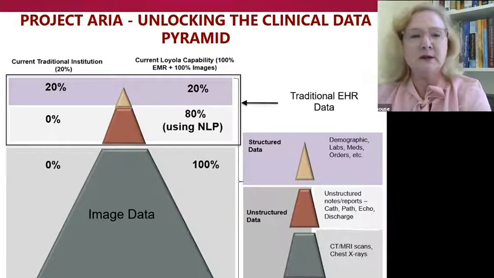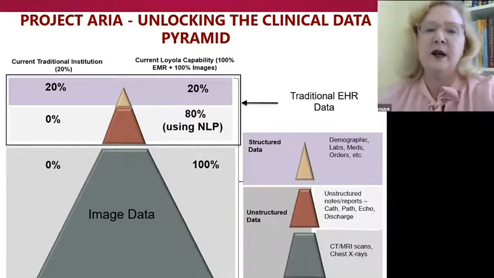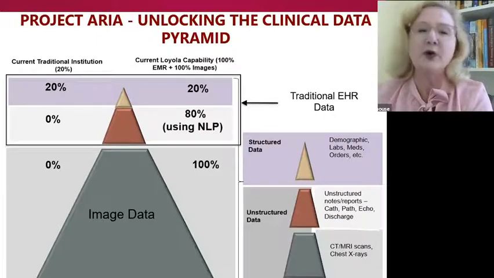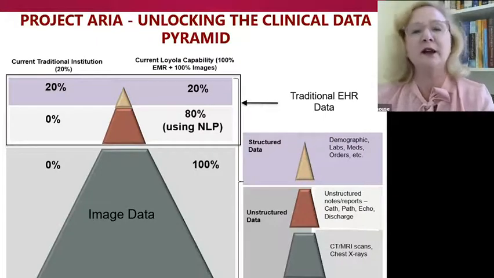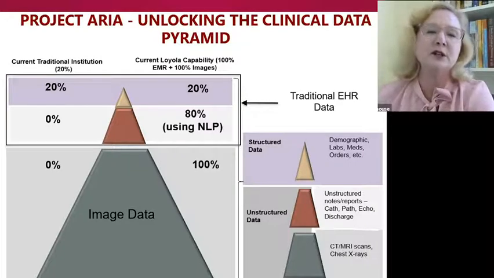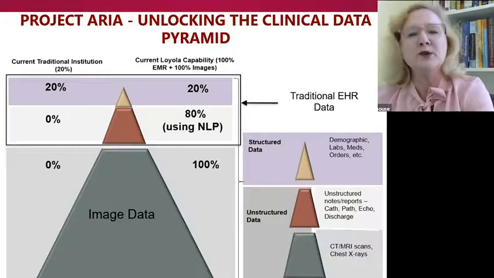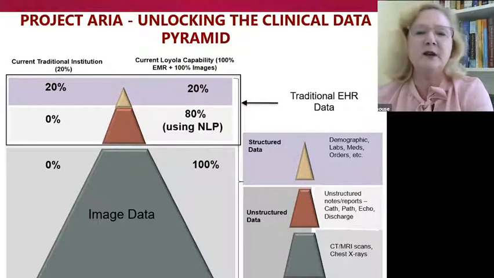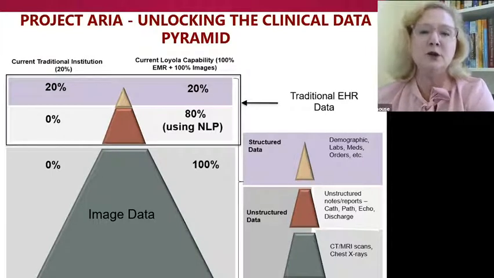So Ron and his group had done Project ARIA, which was unlocking the clinical data pyramid. And as you can see in current traditional institutions, 20% of the data is being used, but they haven't tapped into that narrative data, which can be tapped into using natural language processing.